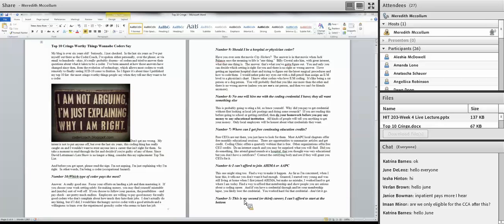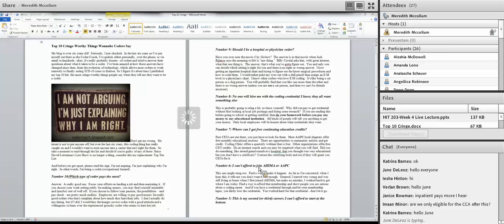Now, say I can't afford to join AHIMA or AAPC. Honestly, you have to be a member of AHIMA. At least I'm not a member of AAPC, because that's viewed more on the physician side, but it's fine either way.